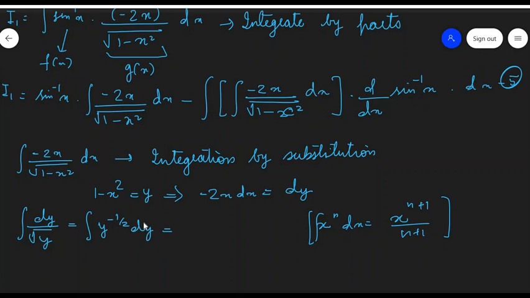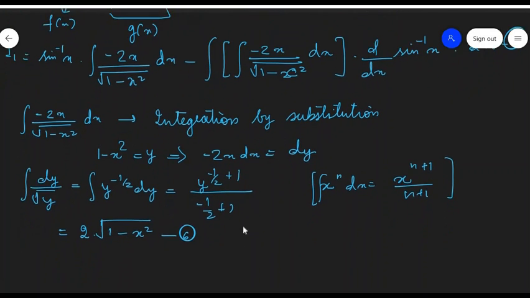Using this identity, this can be written as y raised to minus 1 by 2 plus 1 upon minus 1 by 2 plus 1. This gives me 2 into square root of 1 minus x square. And let's call this equation number 6.